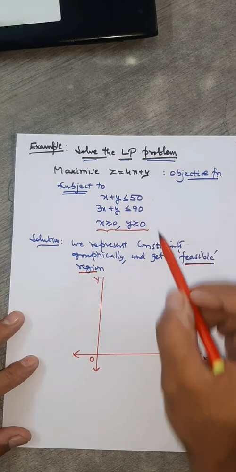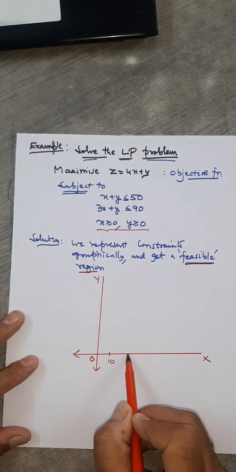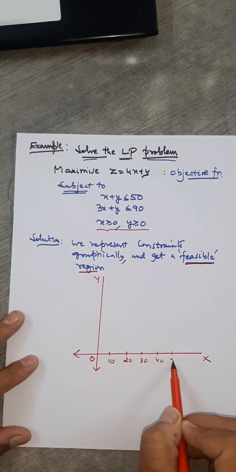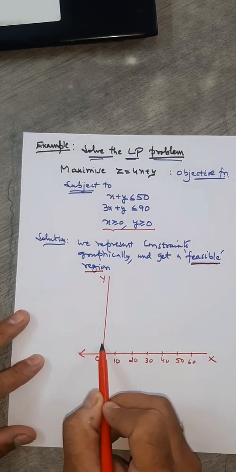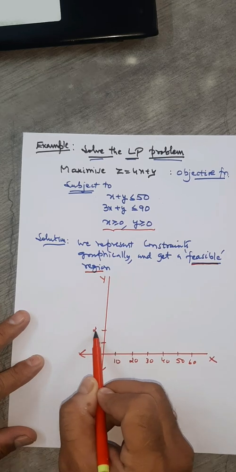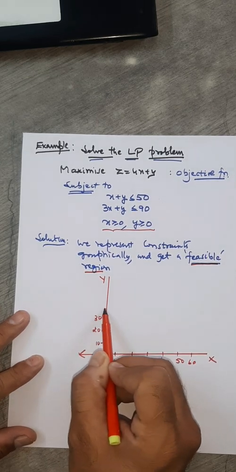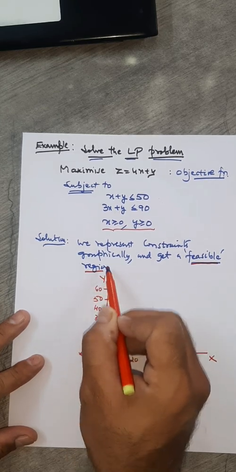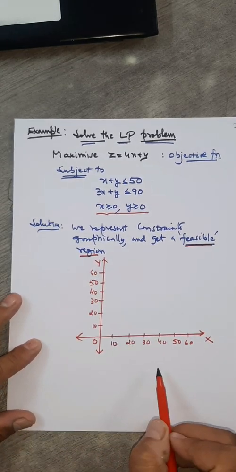Now I need till 50 and 90. So I'll just write 10, 20, 30, 40, 50, 60 and so on. Here also I'll write the same way, 10, 20, 30, 40, 50, then 60 and so on till 90. You can write it.